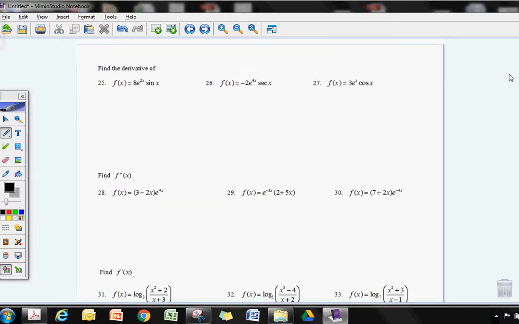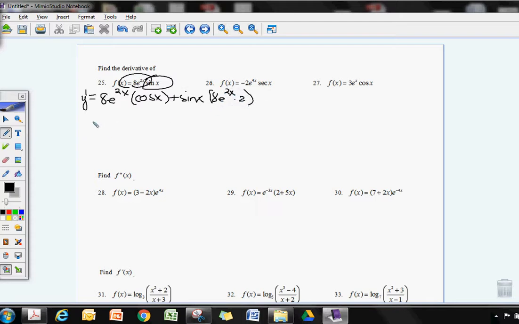So for the back side of this page, starting with number 25, it's a product rule. Can you guys see 1, 2? So knowing that y prime equals, first term is 8e to the 2x times the derivative of sine is cosine x, derivative of x is 1, added on to the second, that's sine of x, times the derivative, which would be 8e to the 2x times 2.